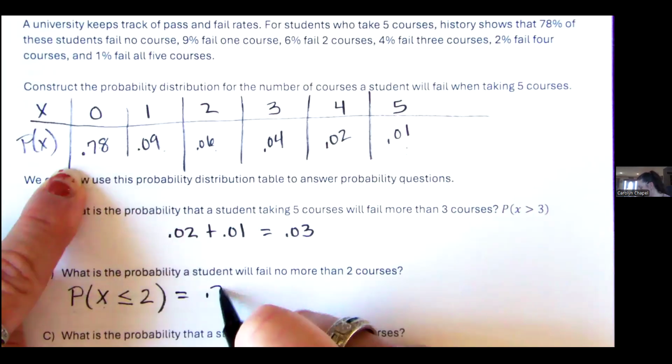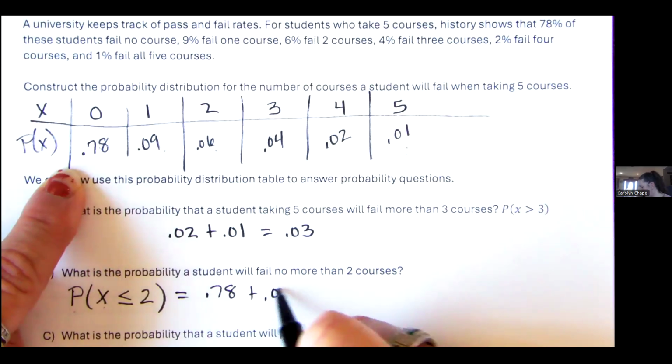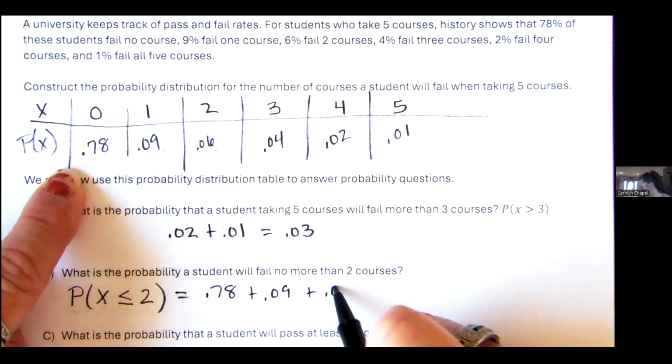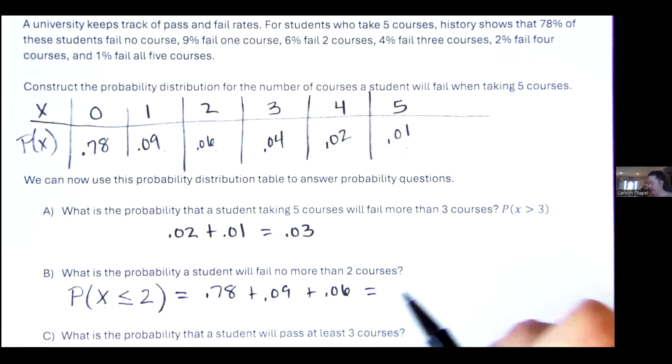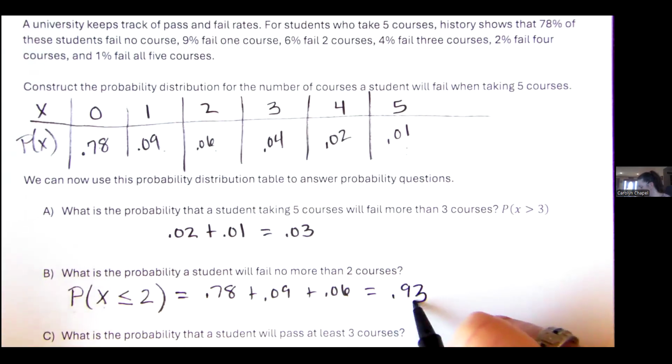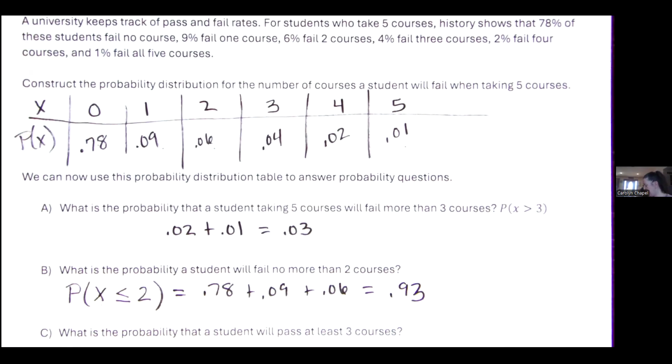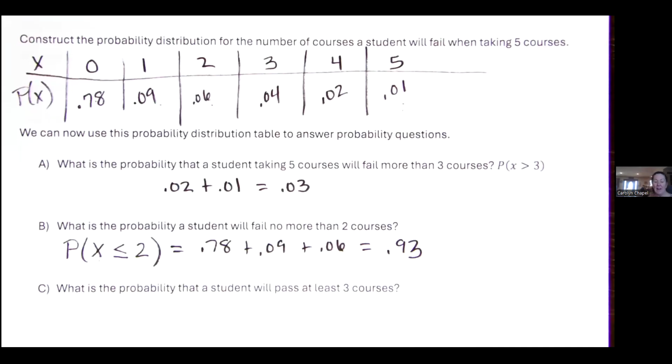So 0.78 plus 0.09 plus 0.06, and then I can drag out my calculator. I didn't need the calculator on the other ones because I can add those pretty quickly in my head. This one has a little bit of carrying to do, so I thought I'd be safe and use my calculator.